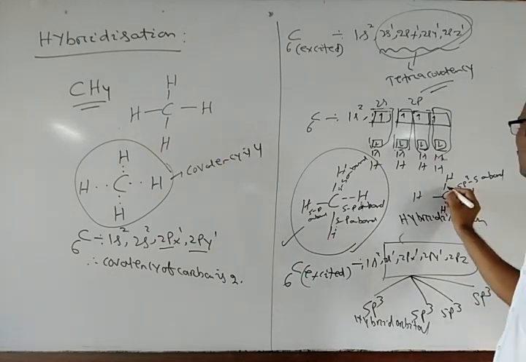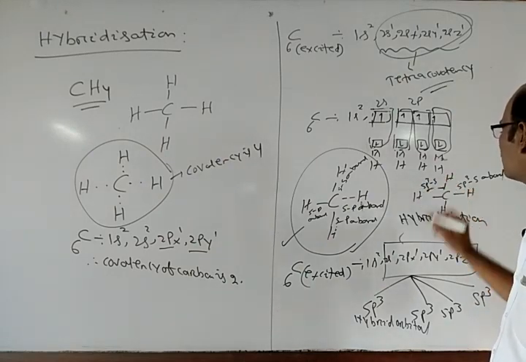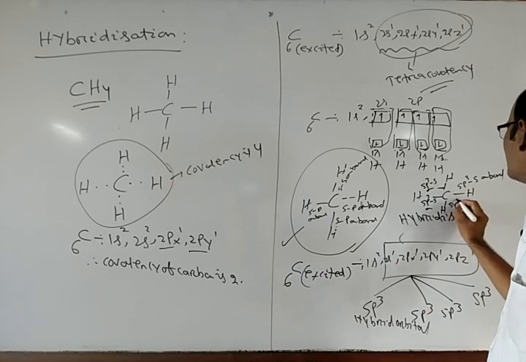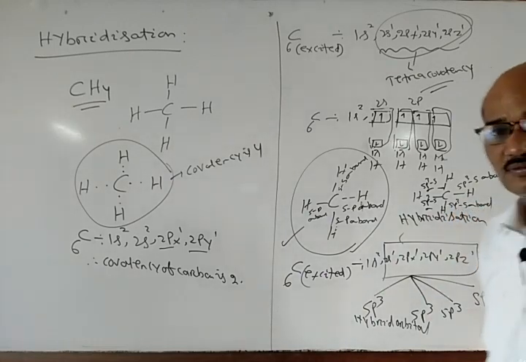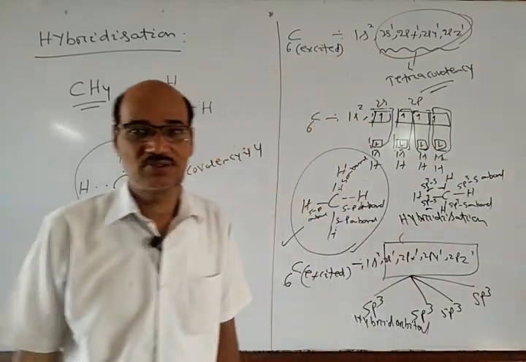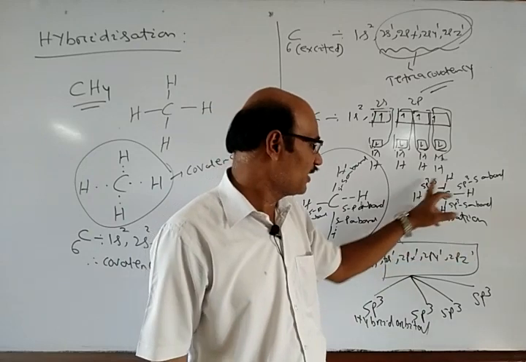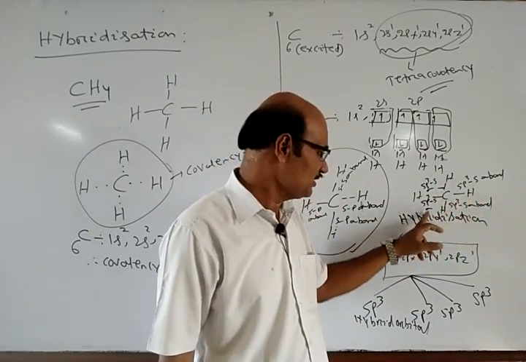This is also what? sp3-s sigma bond. This is also what? sp3-s sigma bond. This is also what? sp3-s sigma bond. The nature of all the bonds is now the same: sp3-s, sp3-s, sp3-s, sp3-s.